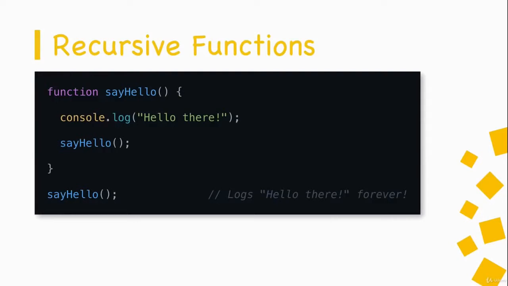This runs infinitely. So if you run this code, it might actually crash your browser because it'll continue logging the string hello there thousands of millions of times. So be careful with this kind of code, because with recursive functions, if you don't define a stopping point, the function will call itself again and again, and it'll create an infinite loop of the same function being called and the same code being executed over and over again forever.